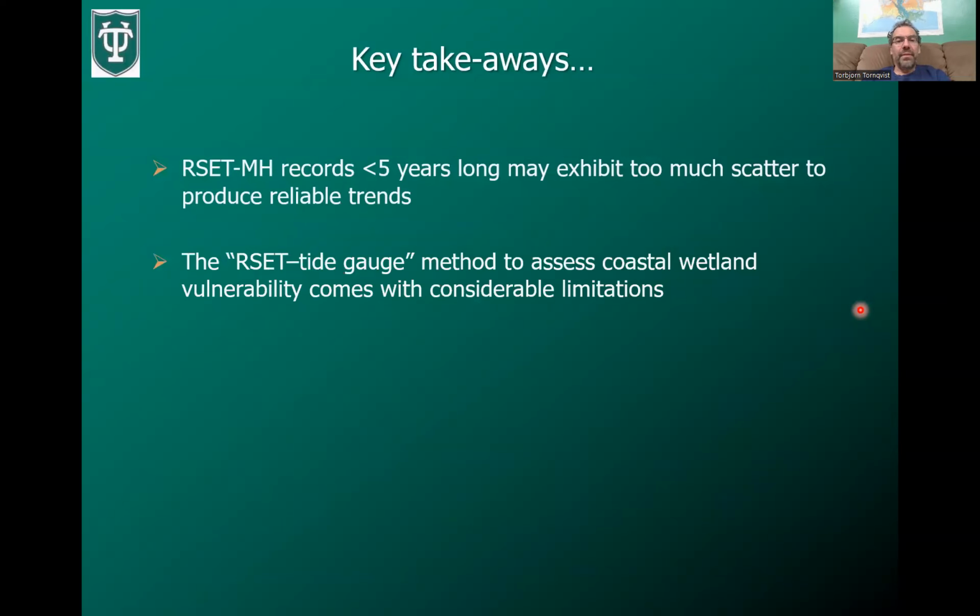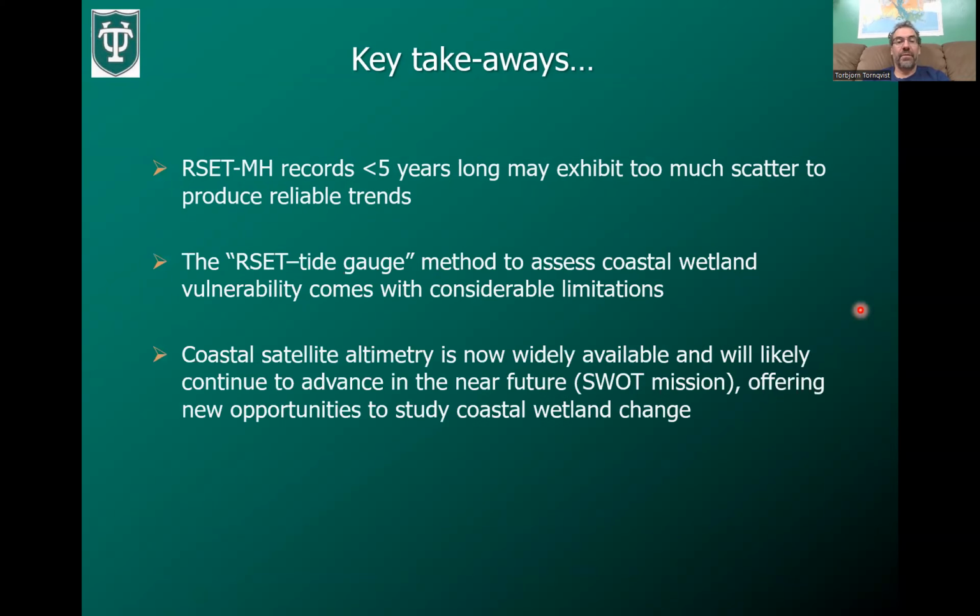The second point is that, even though that method of comparing RSET data with tide gauge records is of course a useful first step, we have to be aware of the limitations, and we have to try whenever we can to move towards something different.